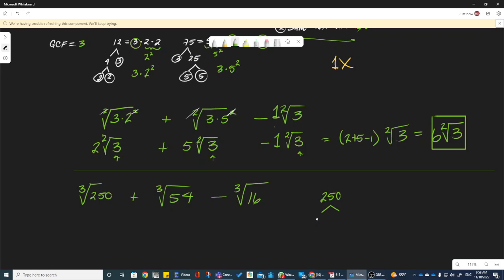Okay, so this is equals to 6 times 25. Okay, and 6 is equal to 2 times 3, and 25 is equal to 5 times 5. So this is equals to 2 times 3 times 5 to the power of 2.